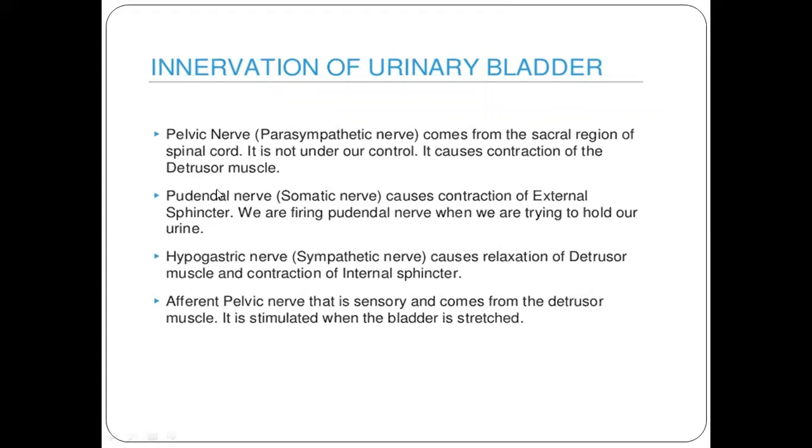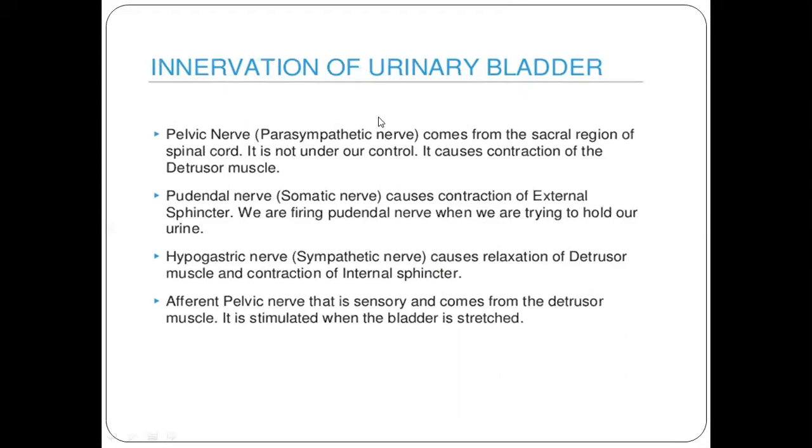But in case the condition is not favorable, messages will go to the brain. The brain inhibits the pelvic splanchnic nerves. Then the sympathetic nerves come from L1 and L2. These are the postganglionic sympathetic fibers from the L1 and L2 sympathetic ganglia, which relax the bladder wall.